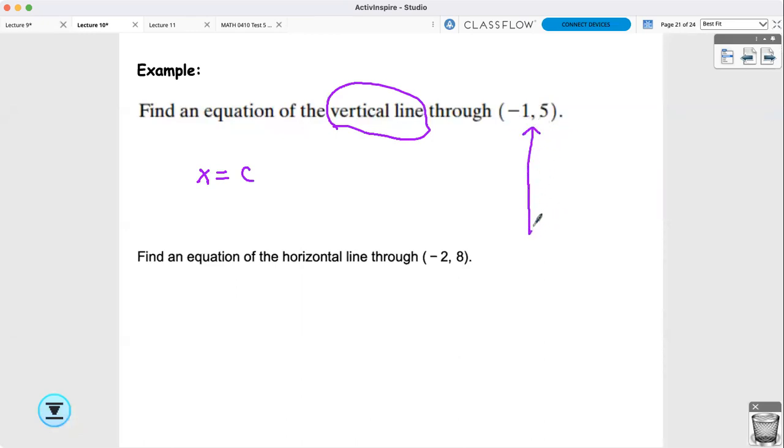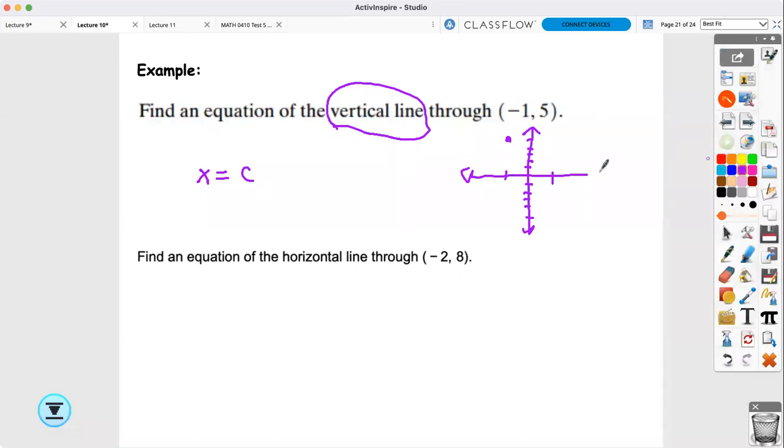So let's make a sketch of a graph real quick. So it'll be 1, 2, 3, 4, 5, 1, 2, 3, 4, 5, -1, +1. So right here. So we want a vertical line that goes through this point. So I'm gonna go ahead and sketch a vertical line through here. We notice that the vertical line goes through what x value, guys?